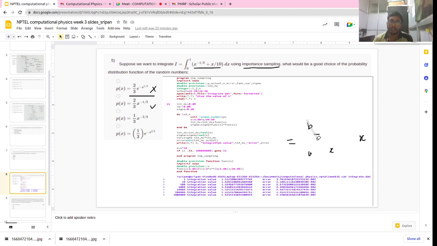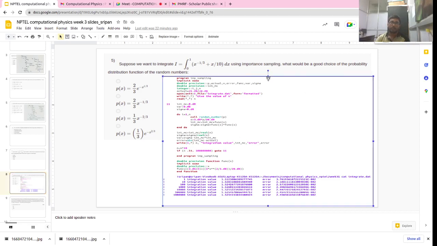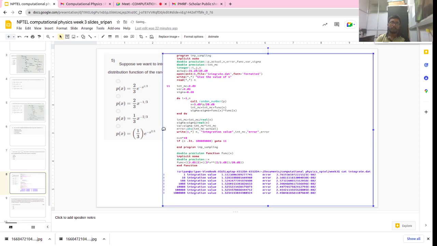First you can check analytically, and then you can write the code for this particular thing, and you can check for the errors between the actual value and the value you are getting from this. Okay, so here is my programming that I am going to explain.